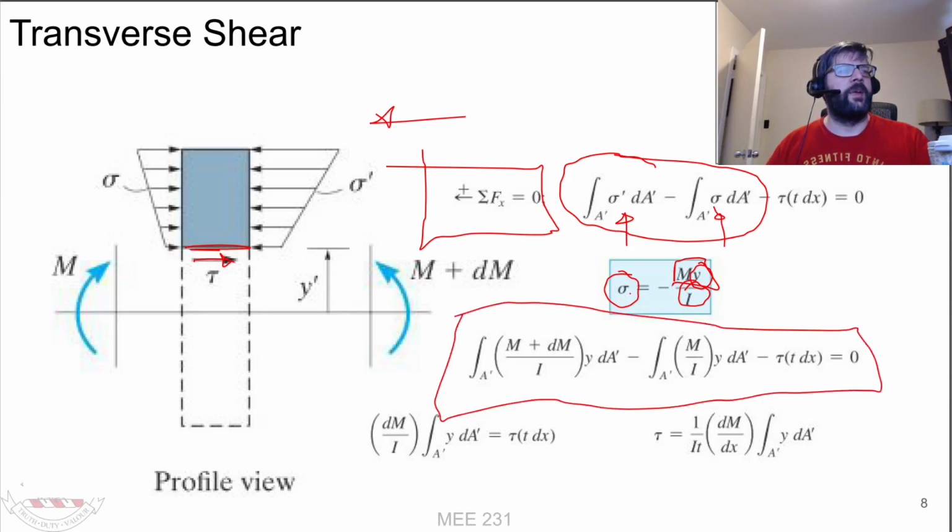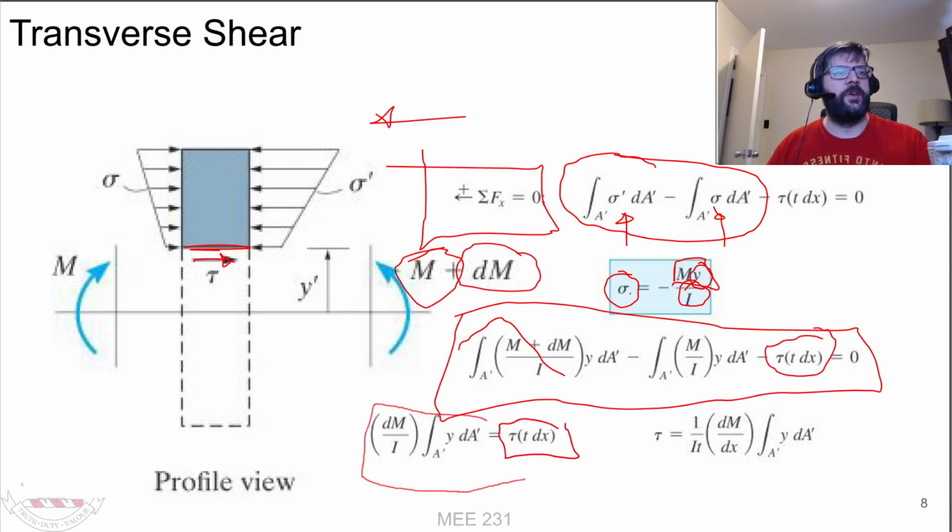The portion that's just due to the regular moment cancels out. So we're left with the portion that is due to the differential in the moment and the portion that is due to the shear stress. So we can just solve for that in terms of our shear stress.